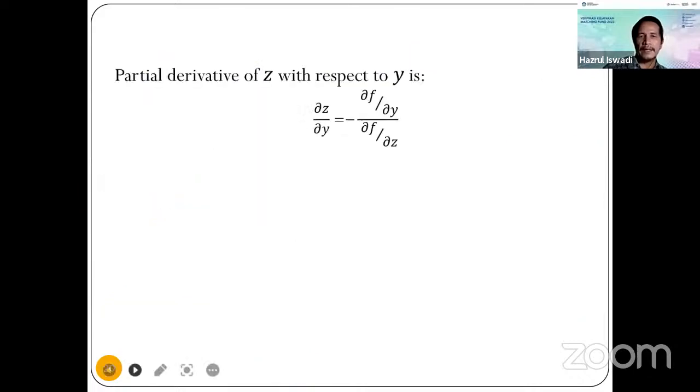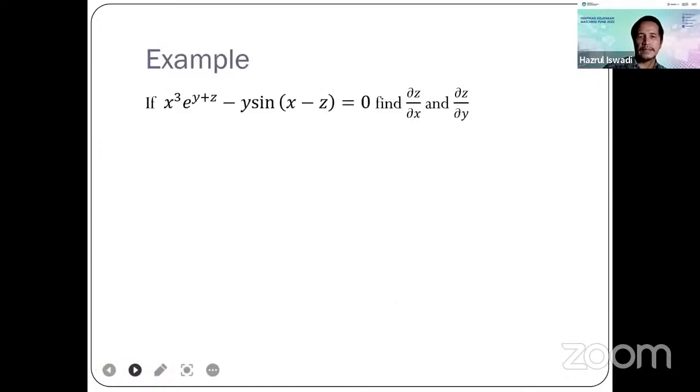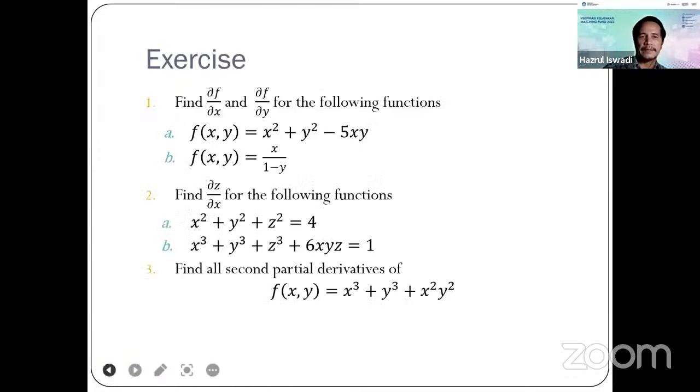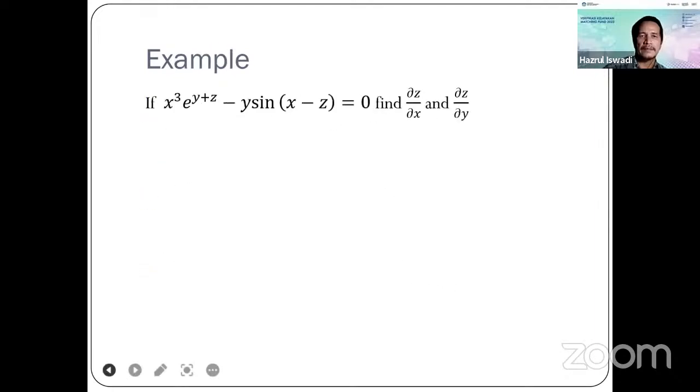Okay, this is the example and the exercise.